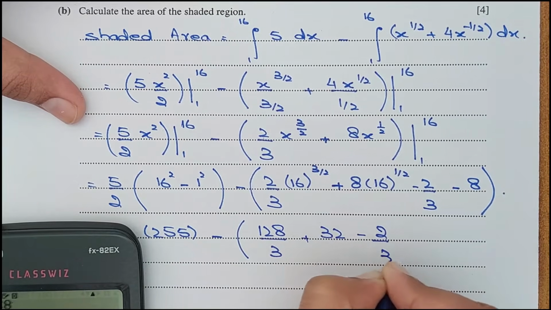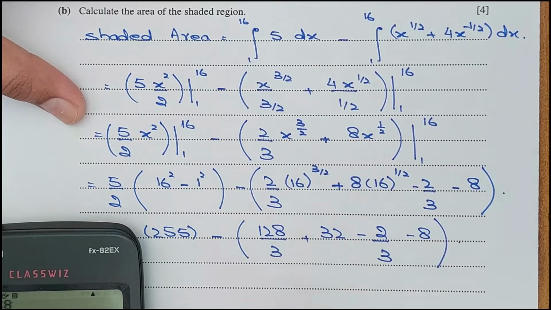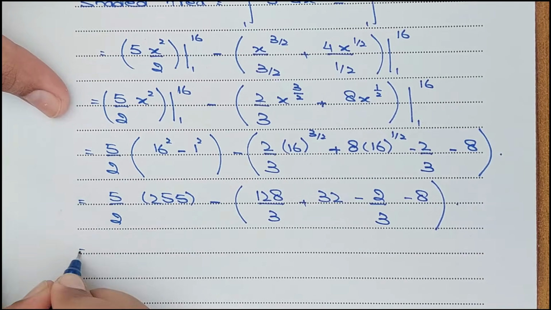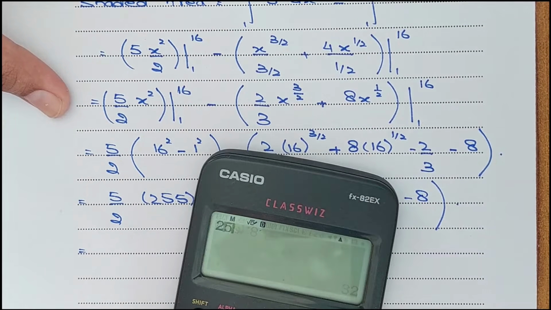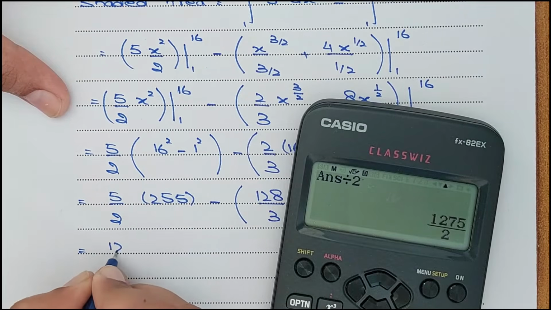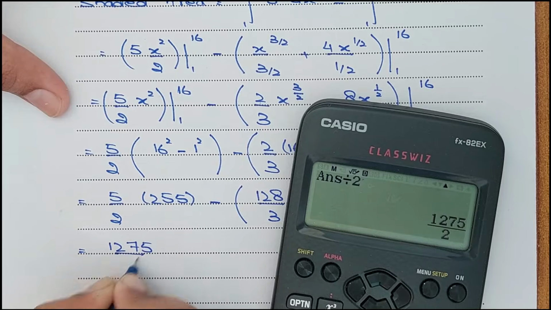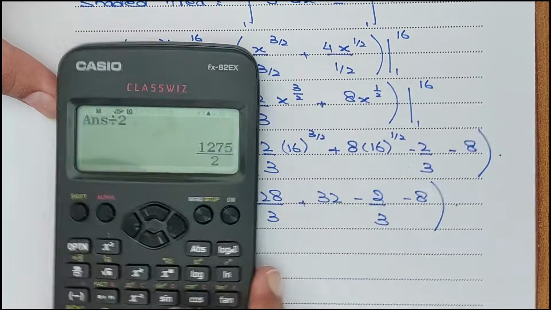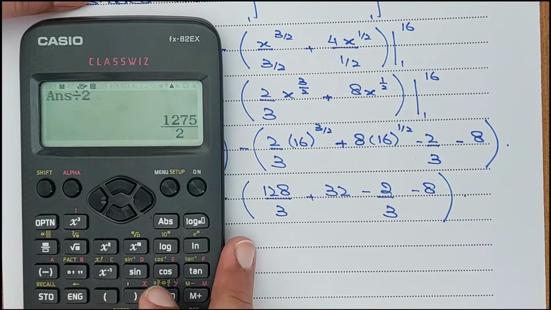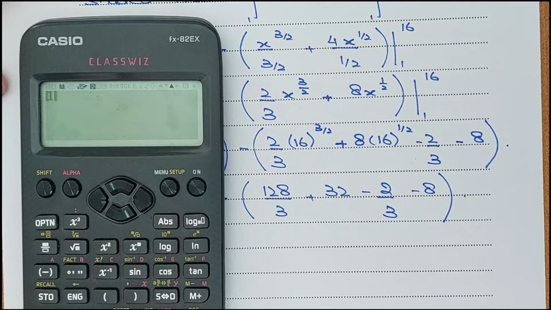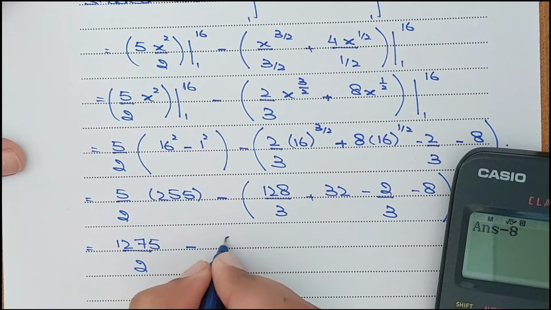Minus 2 by 3 and minus 8. For this simplification, we have 255 times 5 divided by 2 is 1275 over 2, minus, simplify this, we have 128 over 3 plus 32 minus 2 by 3 minus 8, 66.